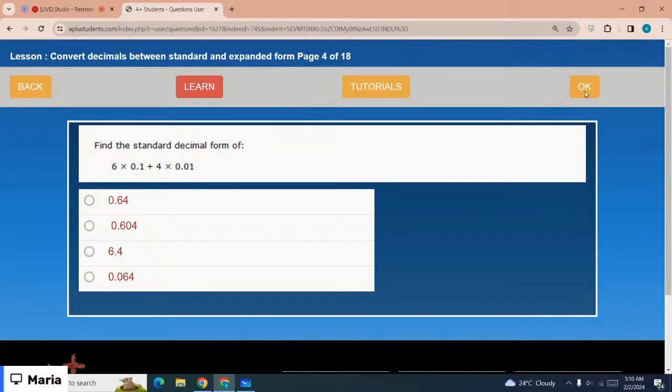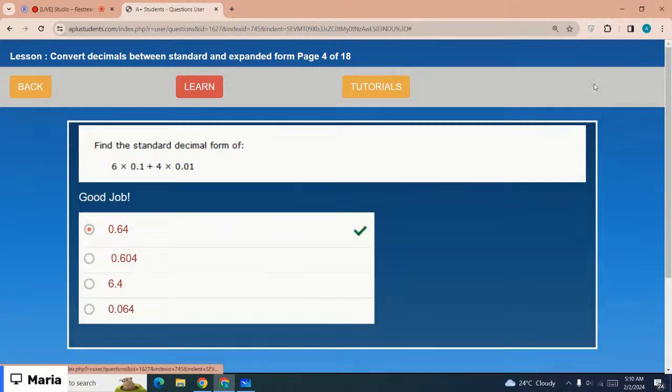How 604? This 0.01 means that is the second digit. So the first digit is 6 and the second digit is 4. That's 0.64. Option number 1 is the correct option.